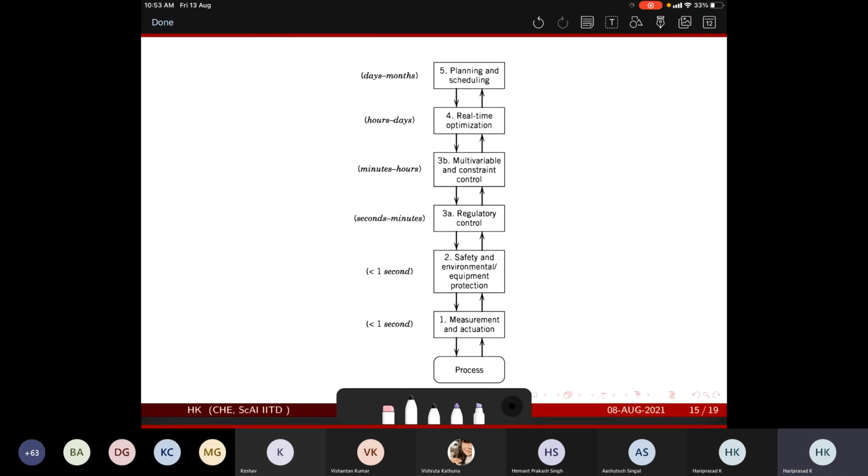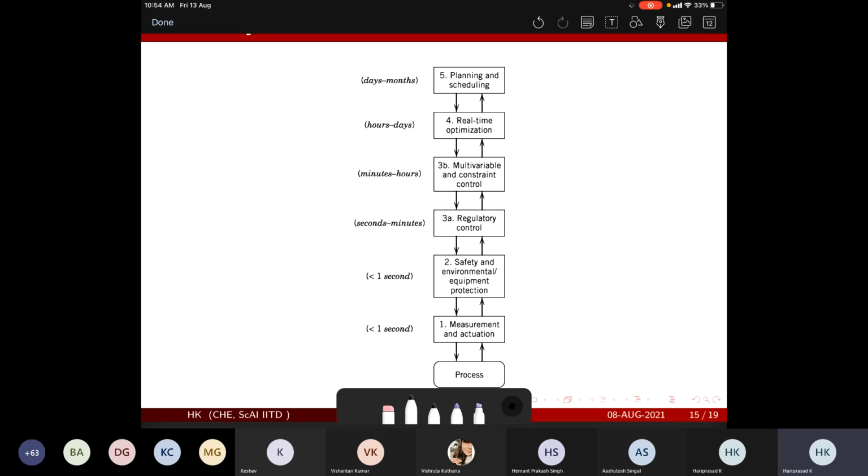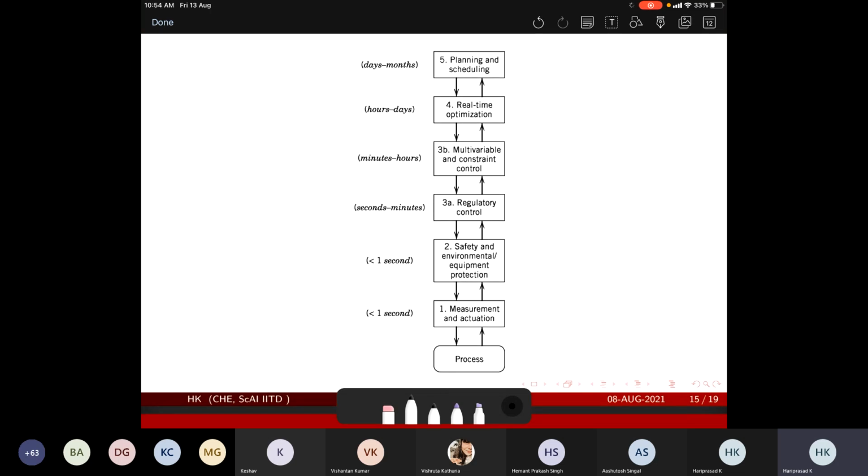So what I am trying to say is, in process industry, like in any other, maybe in aeronautical or even many other applications, there would be many levels of control. Because eventually you cannot let your system collapse. It has to work. So there may be very different layers. One is, in process industry especially, you would need to forecast the market demand, how much you would need to produce for the next 5 months.